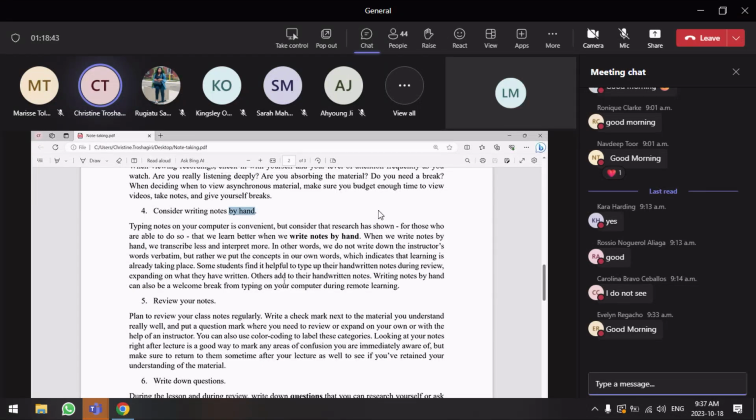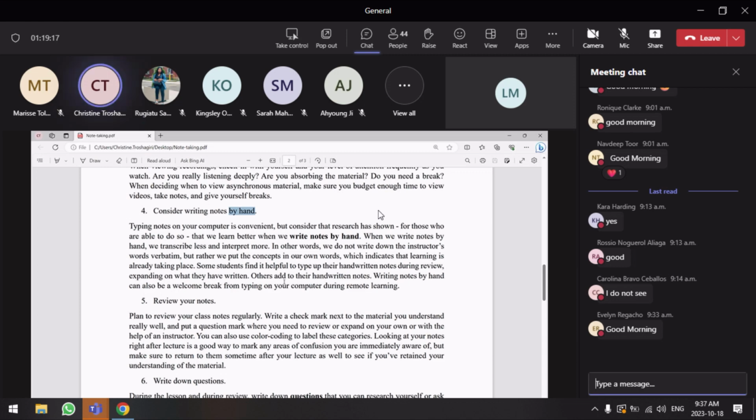However, researchers and studies have shown that writing your notes by hand is more efficient and effective, because you're not writing word by word whatever your instructor is saying. You are simply interpreting and writing down those notes in your own words, which means you are already in the process of learning, all right?